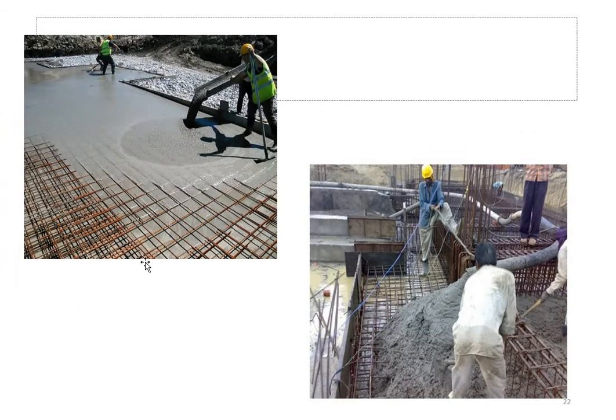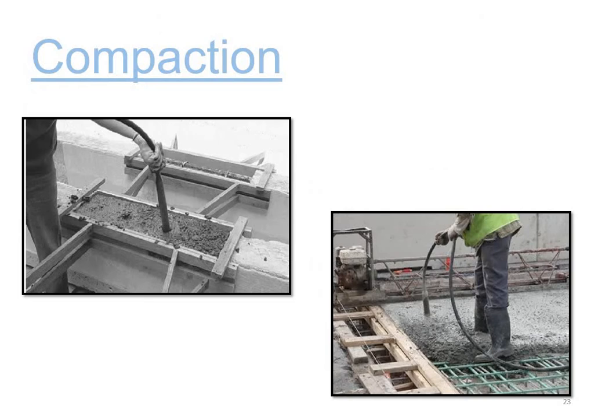You might have seen such operations being carried out at construction sites. And the next one is compaction. That is, you need to make sure that you completely remove the air bubbles present while placing the concrete. With the help of vibrators, you compact it thoroughly.